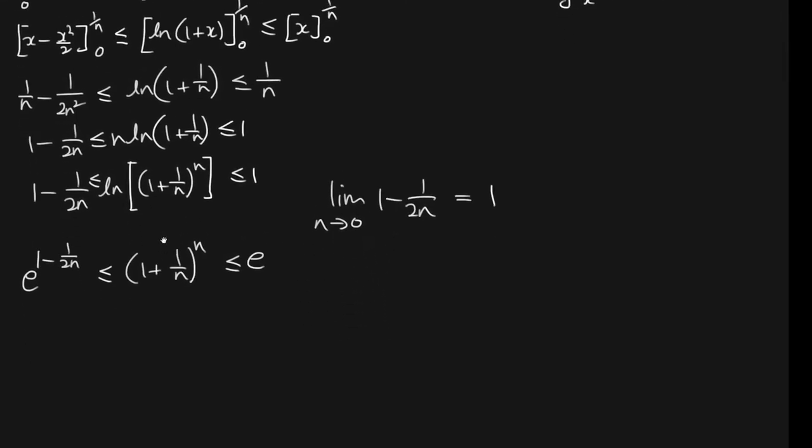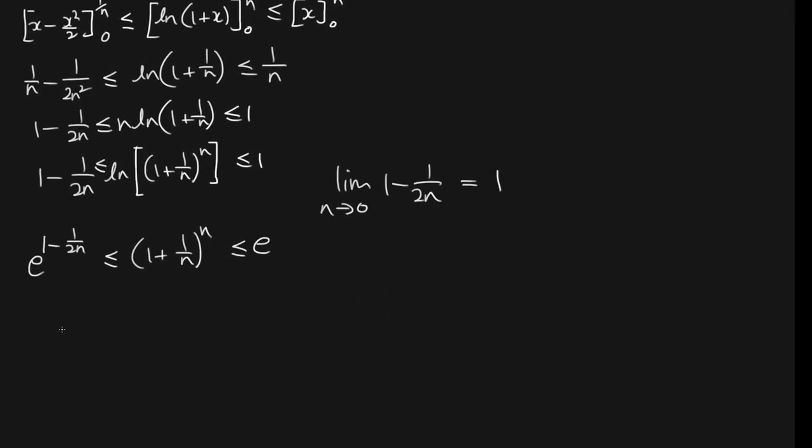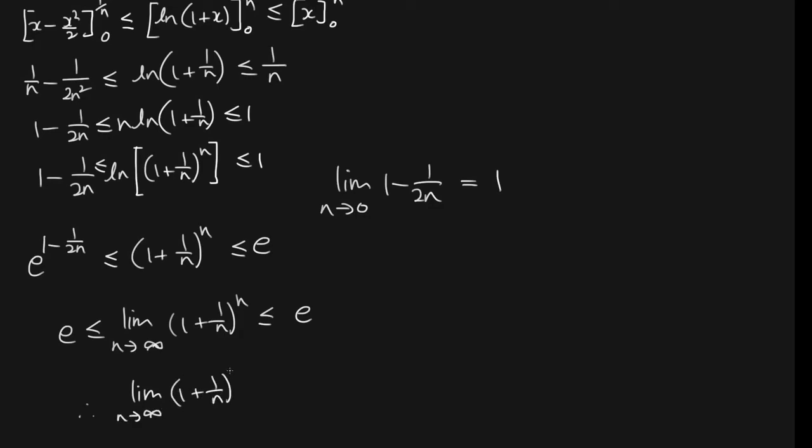So basically, if we take the limit, it'll get squeezed between those two other values, and therefore we can say that the limit as n goes to infinity of (1 plus 1 on n) to the n is equal to e.